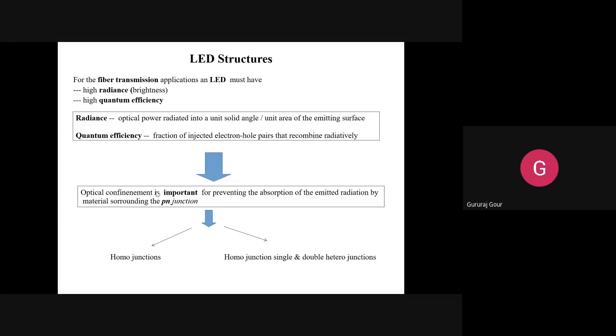In LED, we don't want carriers to be confined, but outside the LED, light rays we want confined to the wall. You see, a paradoxical situation. This paradoxical situation gives rise to two types of LED structures: homojunctions, and then on homojunctions, single or double heterojunctions.